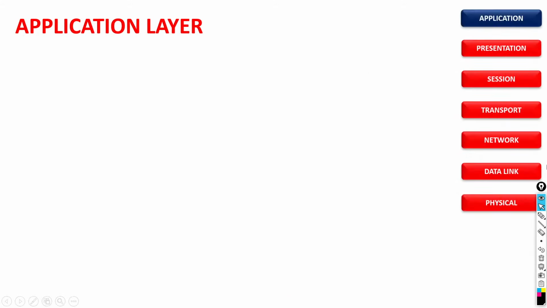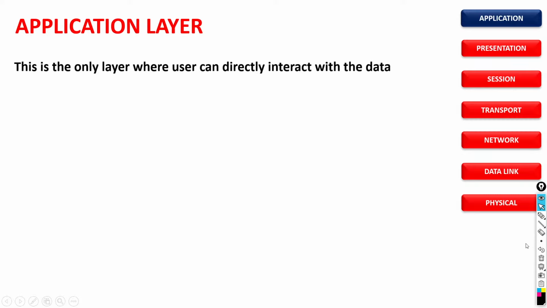Now let me explain all the features of the different layers of the OSI model. All the 7 layers you are able to see here have different functions in a network. If we talk about the application layer, this is the only layer where the user can directly interact with the data.